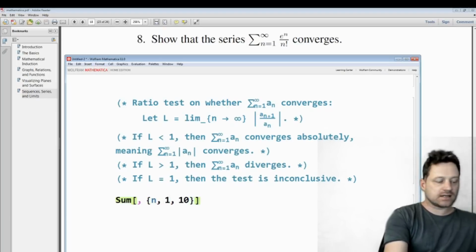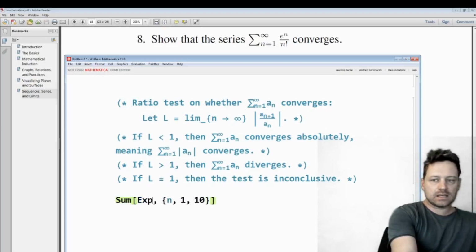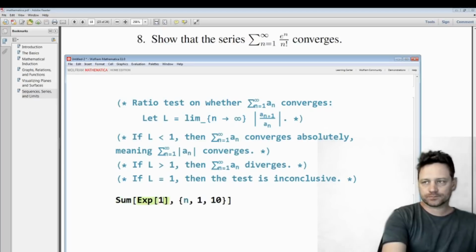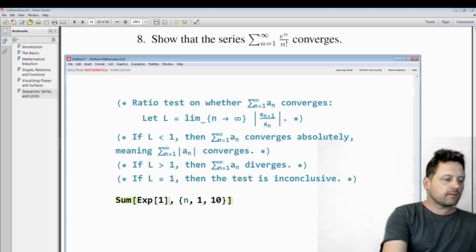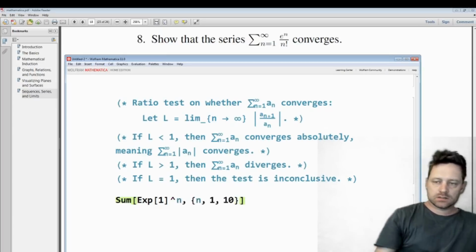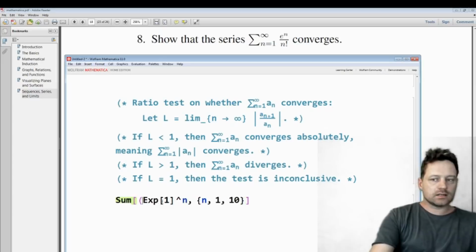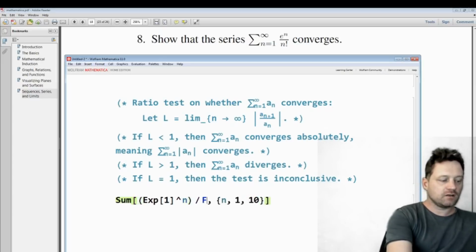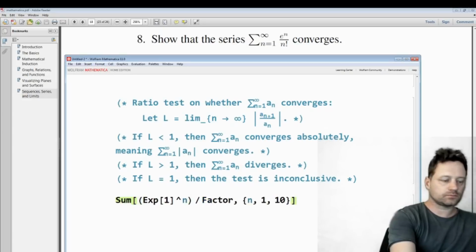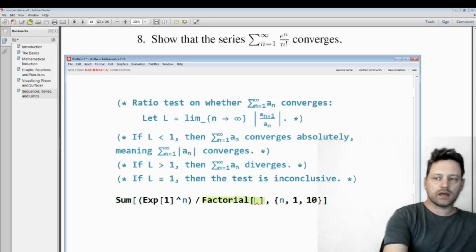We want Exp[1] to the power of n, so e to the n, and then divide this by factorial n.